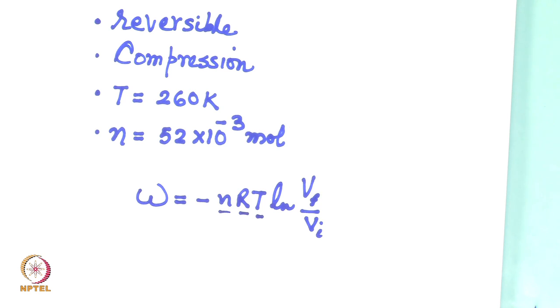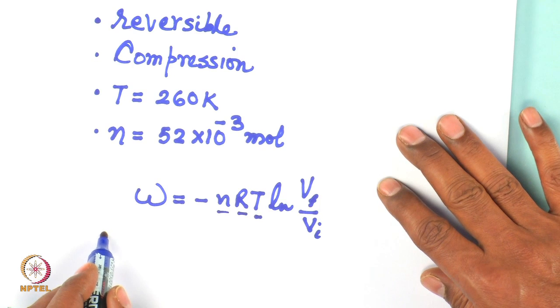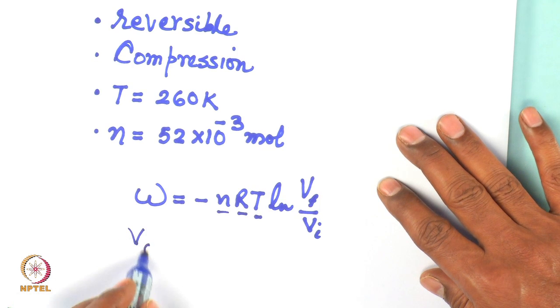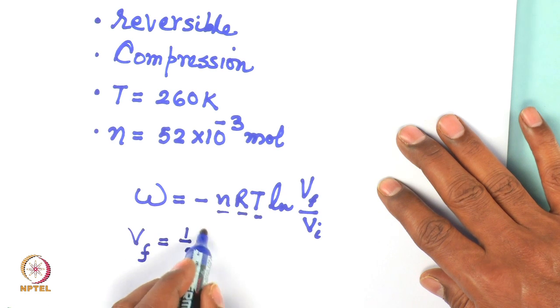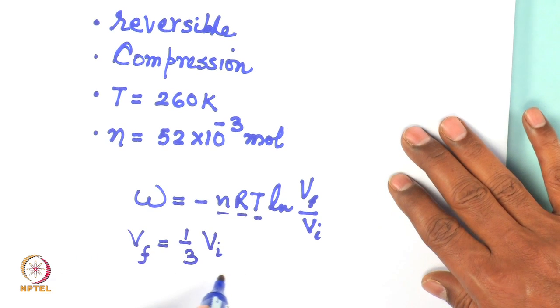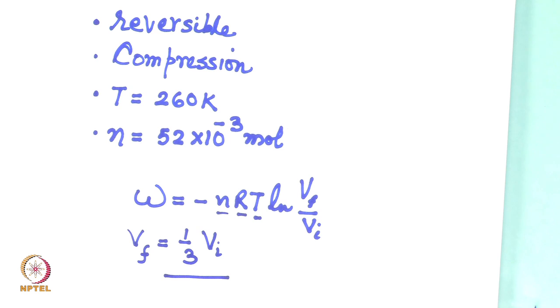and that information is also given, that the volume of the gas is reduced to 1/3 its initial value. That means final volume is equal to 1/3 of initial volume. Now, let us take a look at the slide.